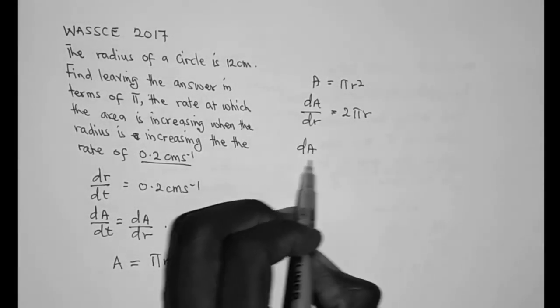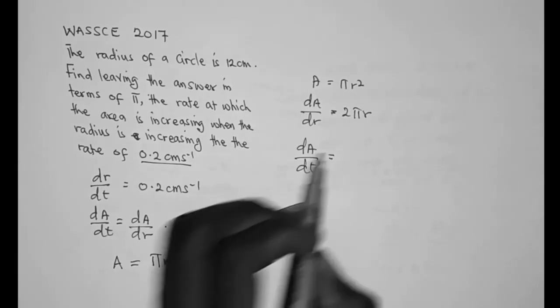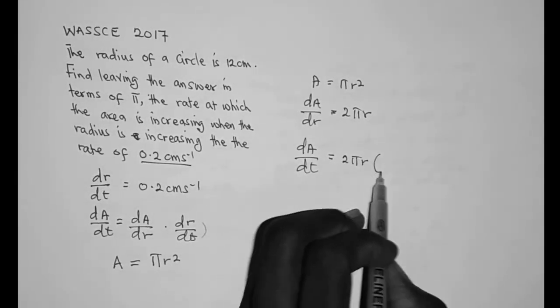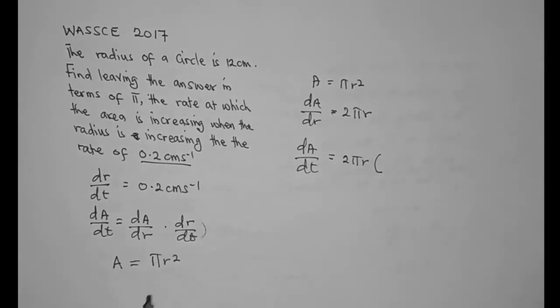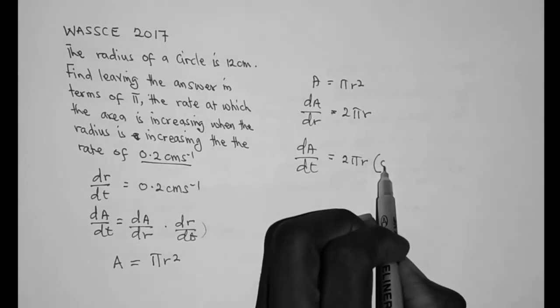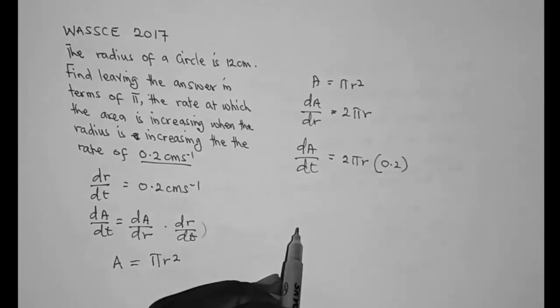So dA/dt is equal to dA/dr, which is 2 pi r, then times dr/dt. dr/dt was given as 0.2 centimeters, so times 0.2.